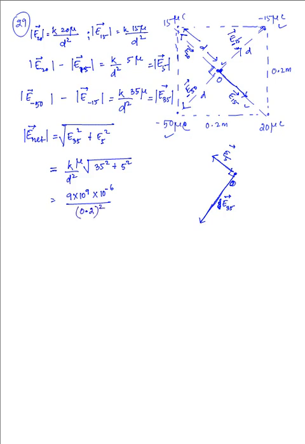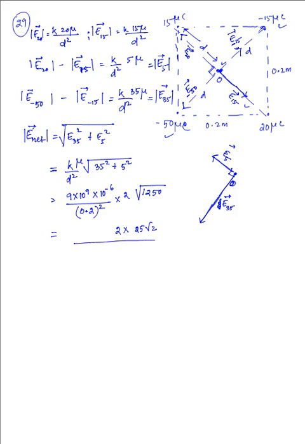I can take that root 2 squared over here, and what is left under the root: 35 squared is 1225, and 5 squared is 25, so this is 1250. 1250 is actually 25 root 2, because 625 times 2, so that is going to be that.